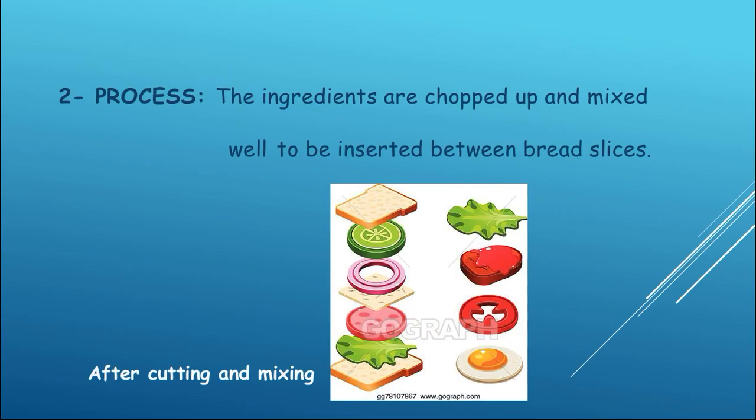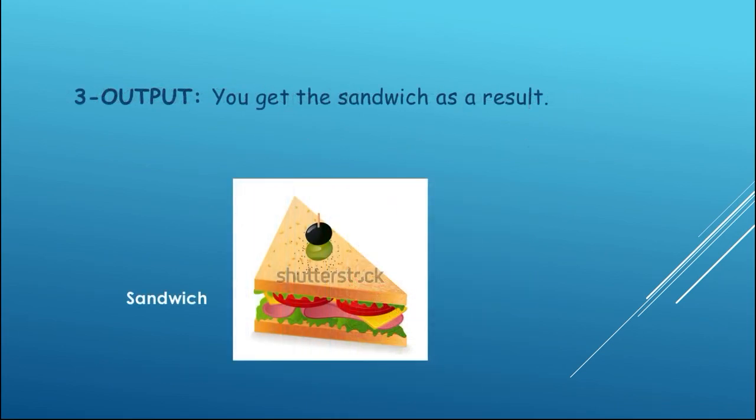This is process. First of all, you got the ingredients. Secondly, the process was making the sandwich. And third, the output result is a sandwich. So the process had 3 steps. First of all, getting the ingredients. Secondly, making the sandwich, cutting the ingredients, chopping, making bread slices, and the end, the sandwich we're seeing in front of us, is the output.